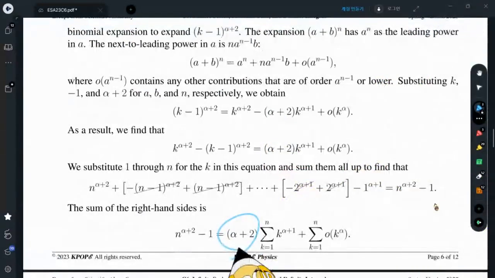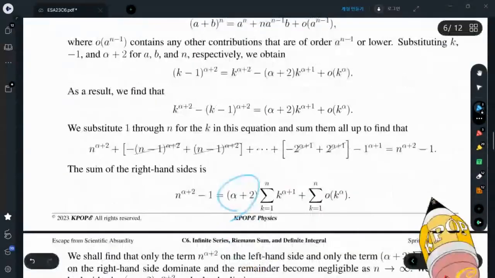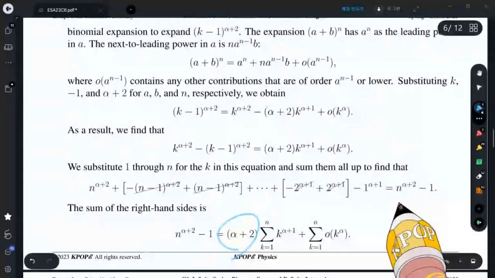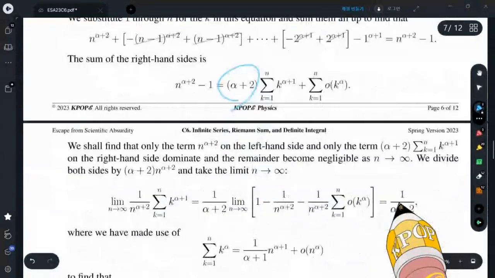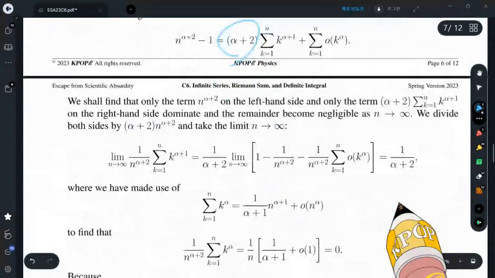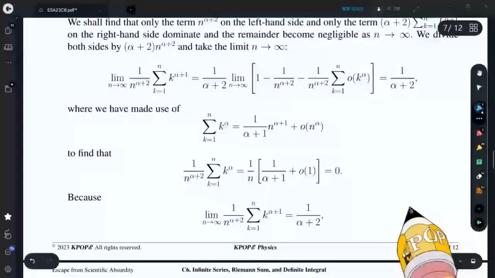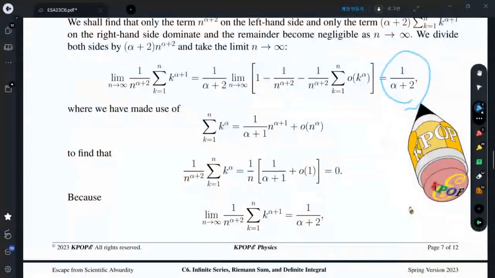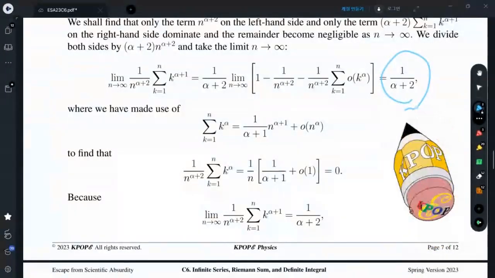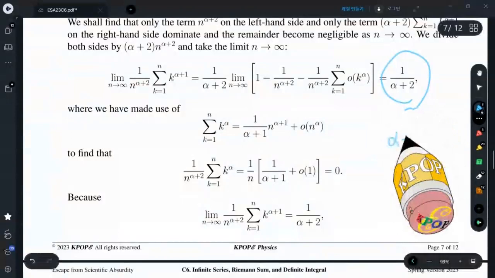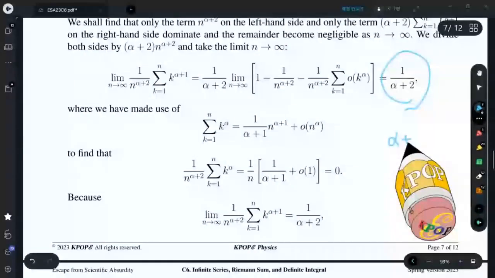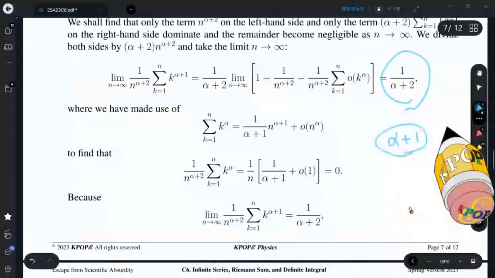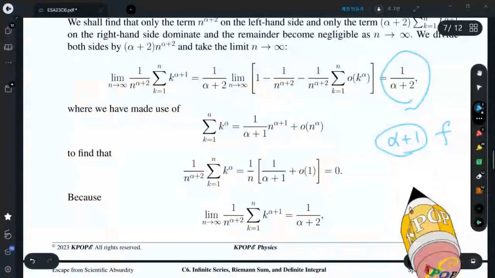Even though I have listed all the details of the calculation, at the end of the day you don't have to worry about that. You are left with this result that can be trivially obtained by substituting alpha plus 1 for the previous alpha. That is 1 over alpha plus 1.